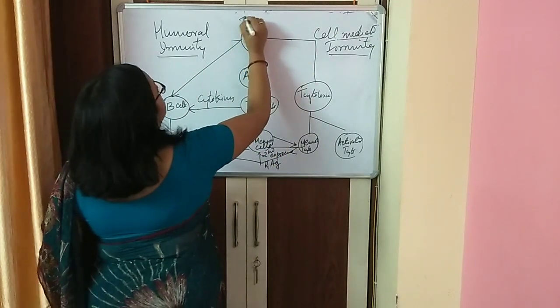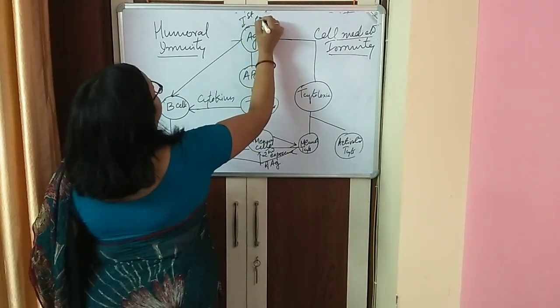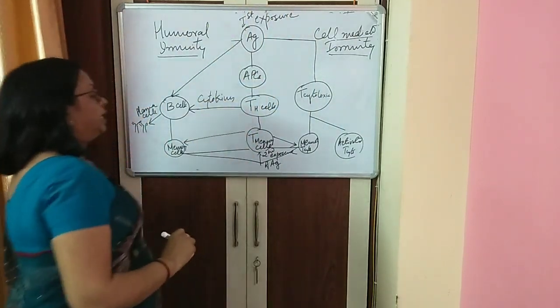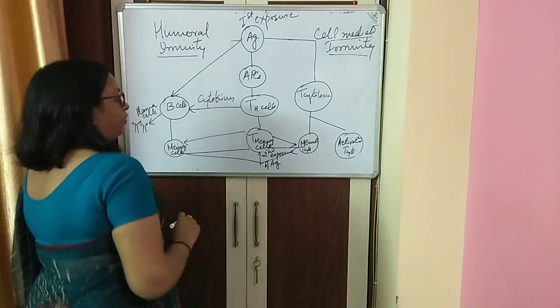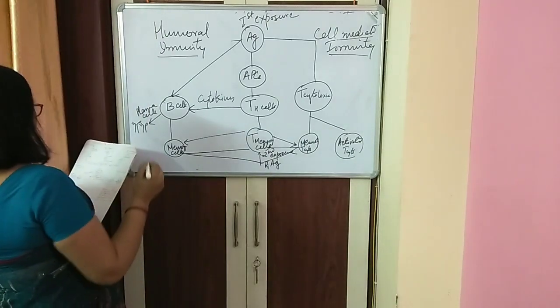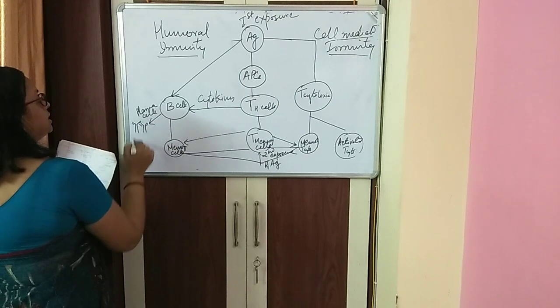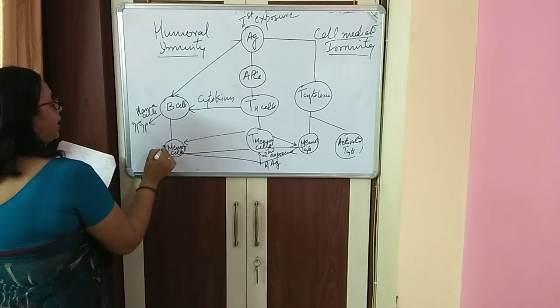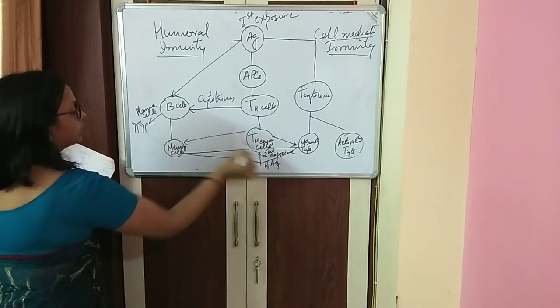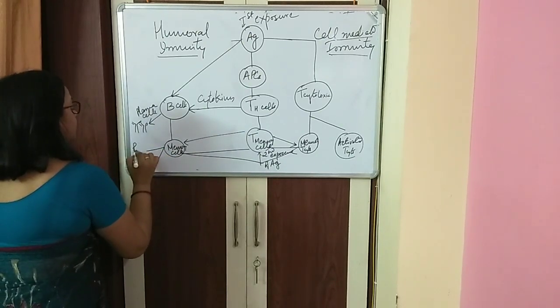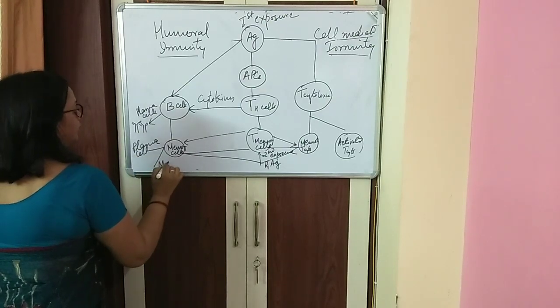So this is the first exposure of antigen and this is the second exposure of antigen. So what will happen? Here also B cells are stimulated, and after this second exposure, memory cells will convert again into plasma cells and memory cells.